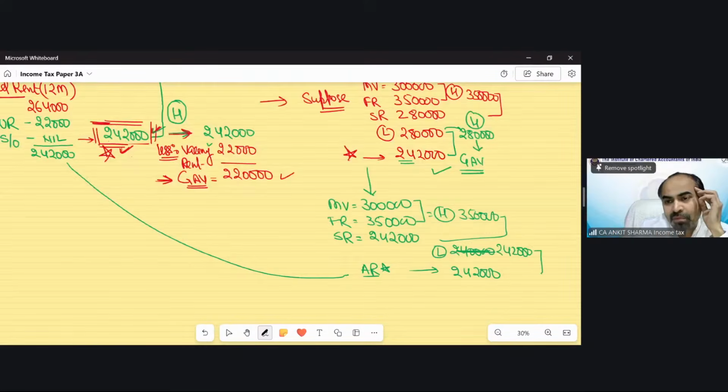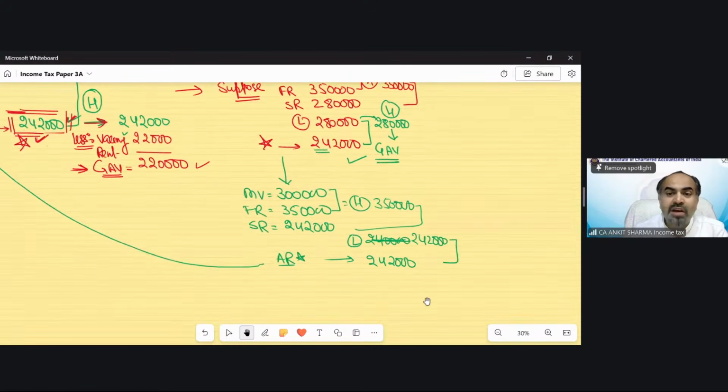Now the problem could arise: what happens if both values are equal? Because in other cases, it does not matter which is higher. If both are equal, you can take any one because that becomes GAV. But in case of F, it is a problem. If both are equal and we take this value as the higher value, then you cannot reduce vacancy rent. And if the other is taken as the higher value, then you can reduce the vacancy rent.